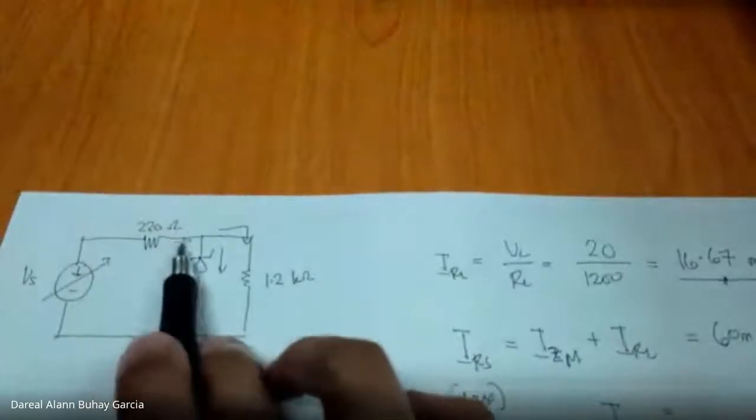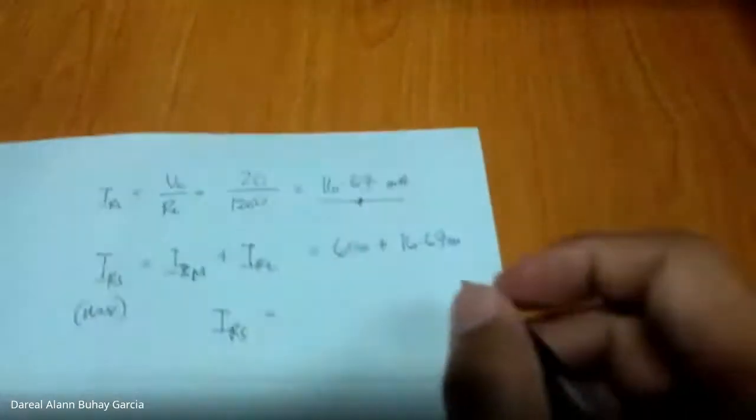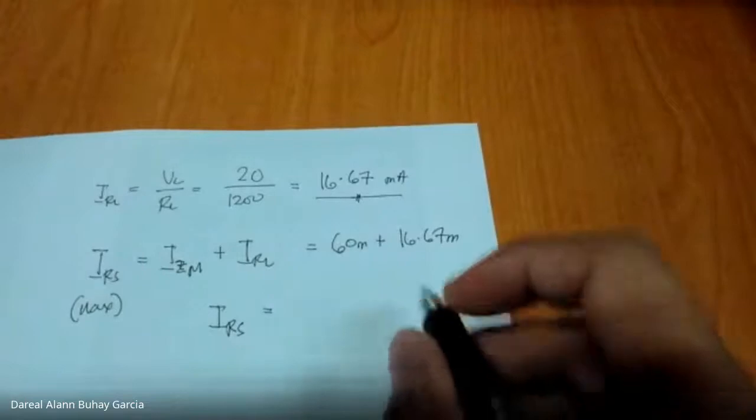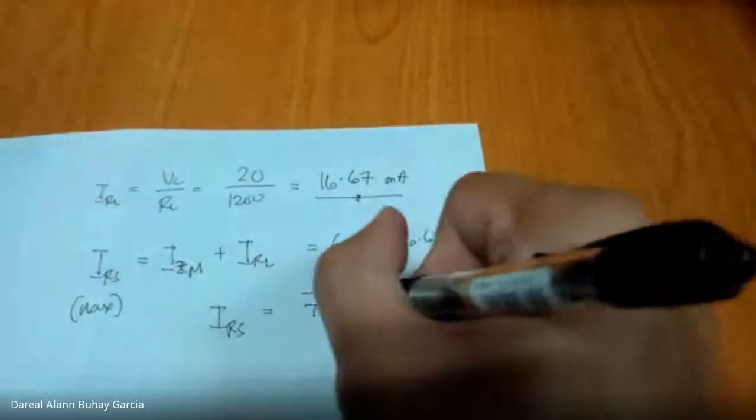So the maximum current na dapat mo-flow sa atong source resistance will be equal to 76.67.